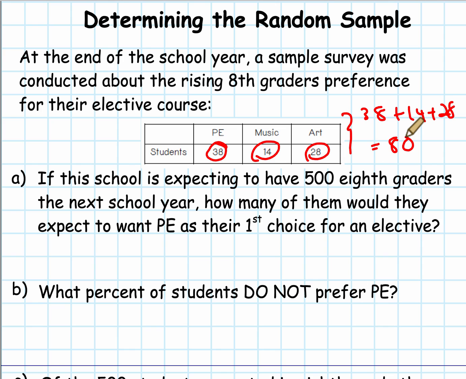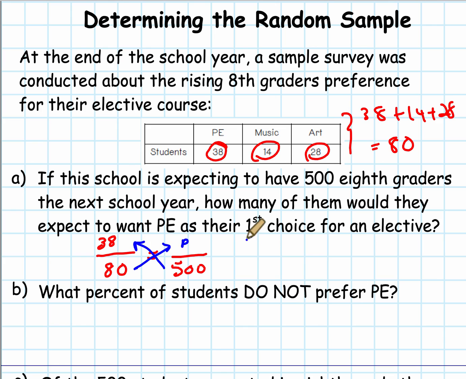This is a ratio, and we can solve this with proportions. First we look at our survey. In our survey, 38 out of 80 prefer PE. Next year, we're expecting 500 students, and we want to know how many of them want PE. To solve our proportion, we cross multiply.